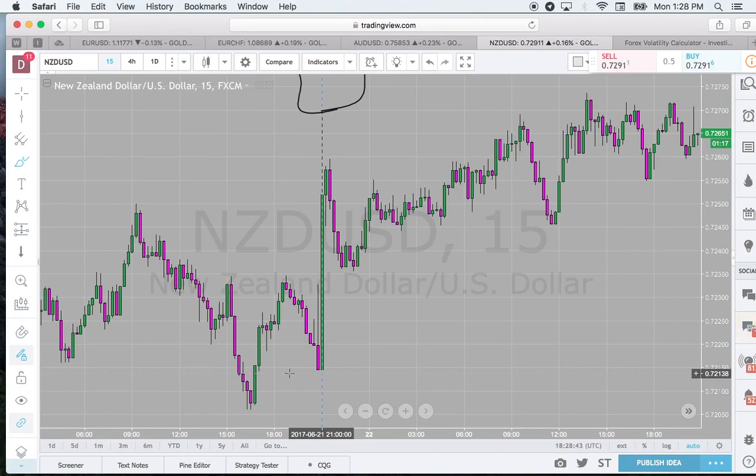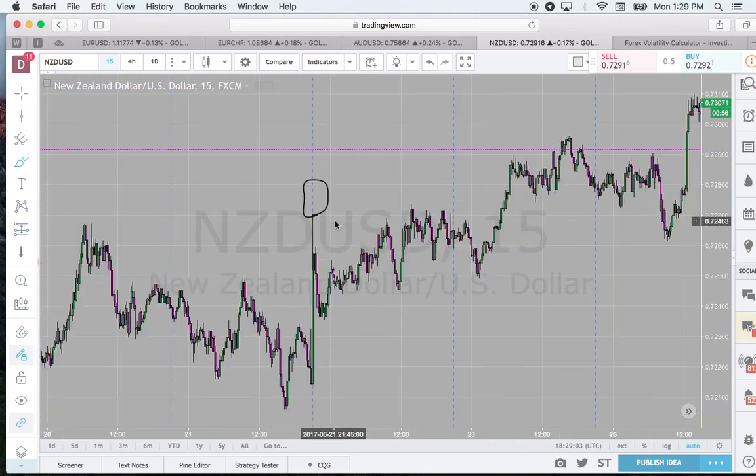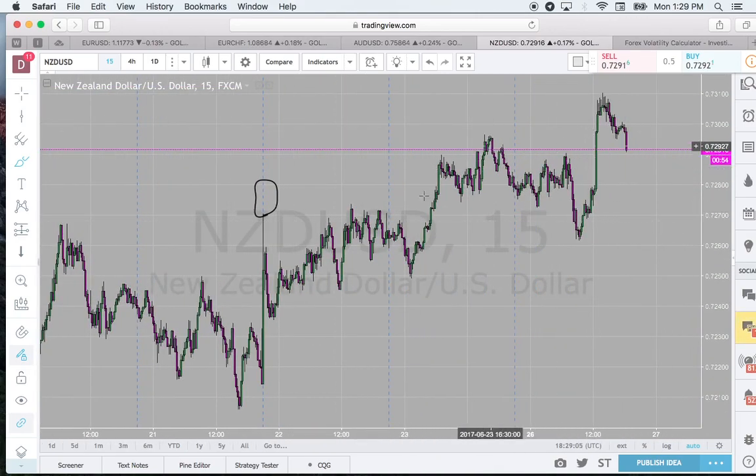I had a guy in the Telegram chat say his broker was still frozen like 2 hours after that news event happened. His broker completely froze. So this happens for a reason, you guys. And this isn't just NZD-USD. This is just an example that happened 1, 2, 3, 4 days ago.